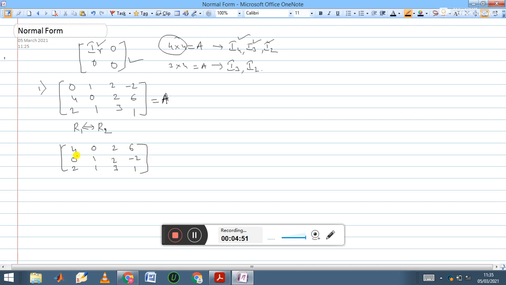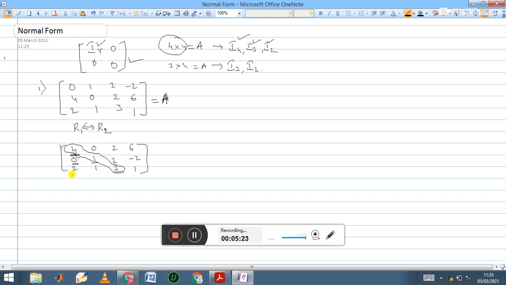Now you go for row operations. Obviously the first entry is 4 here. Next identify the diagonal elements 4, 1, 3. This is your leading diagonal line. Below the leading diagonal line, whatever entries are present, you need to make 0 by using row operations. The second row's first element is already 0.